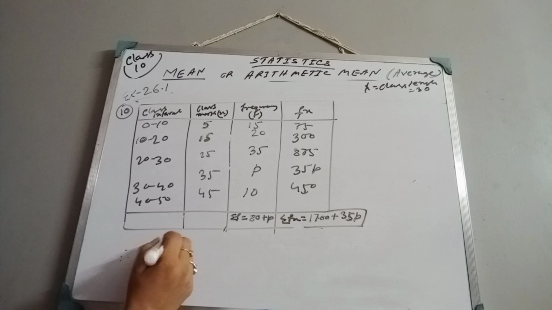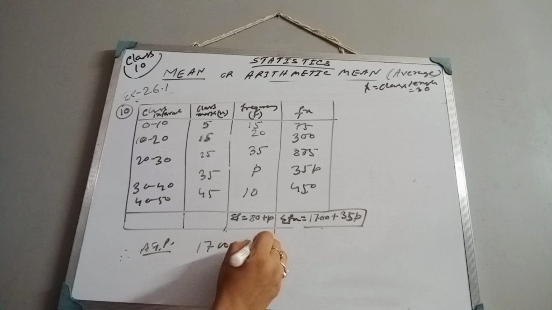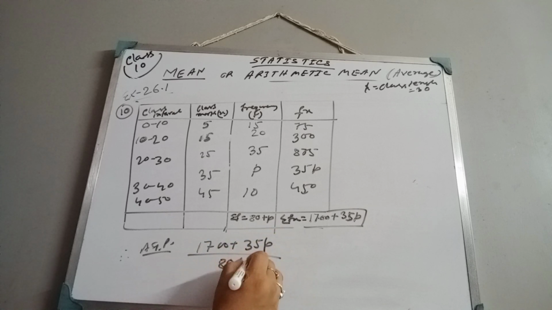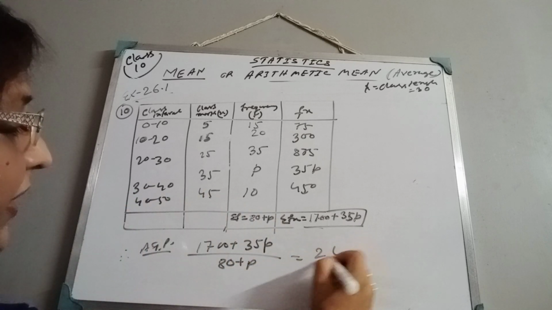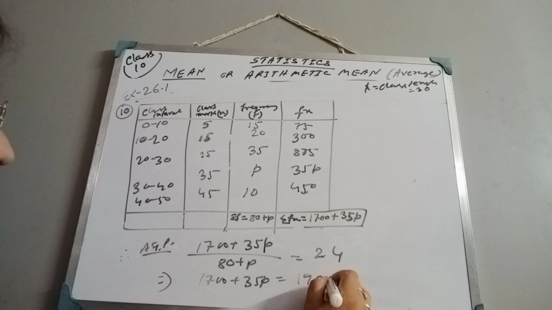Therefore, according to the problem, sigma fx by sigma f means 1700 plus 35p by 80 plus p, and the arithmetic mean is given as 24. Just do this calculation part. We will get 1700 plus 35p equals 24 into 80 plus p, that is 1920 plus 24p.